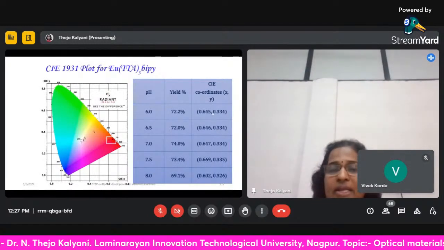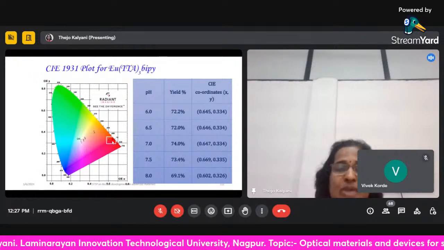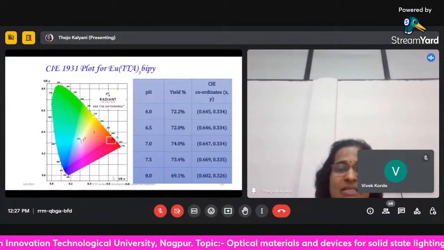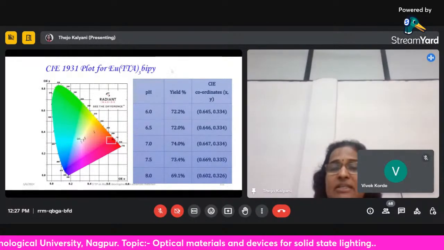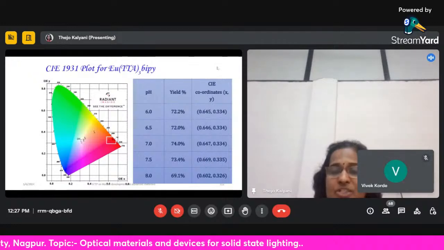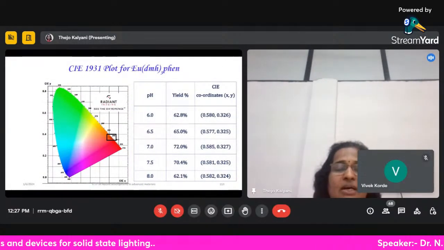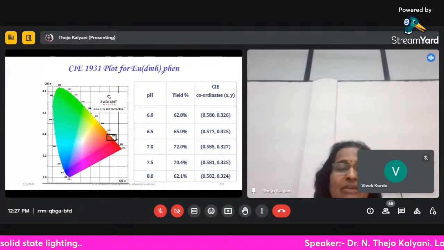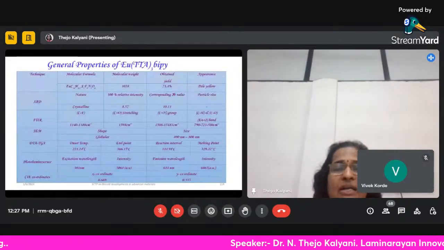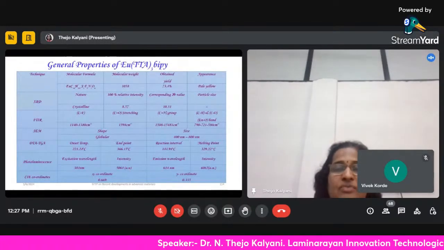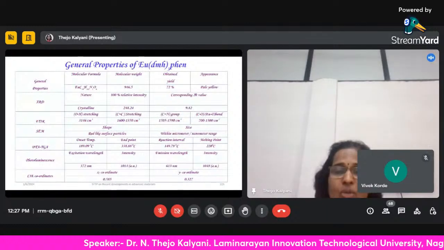And these are the coordinates. So this X corresponds to the X coordinate. So how much is X and how much is Y? That is what is written for all pH values. And similarly, for the other complex also, we found that the emission is in the orange, reddish orange region. And these are the comparative results of the first complex and similarly the second complex.